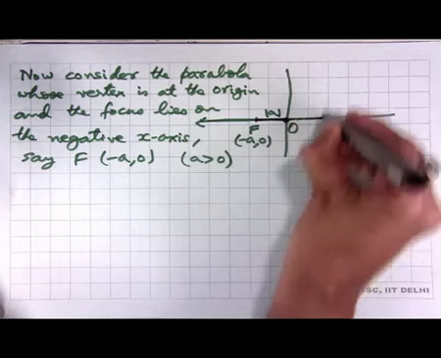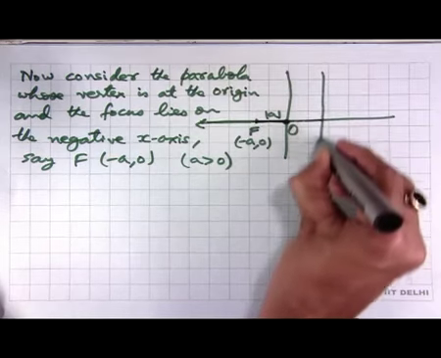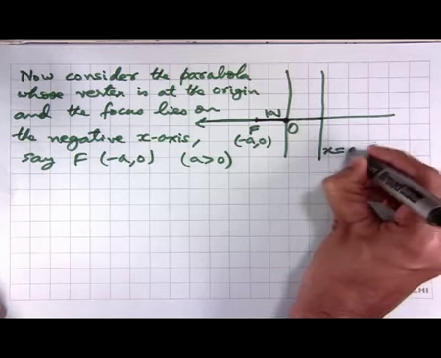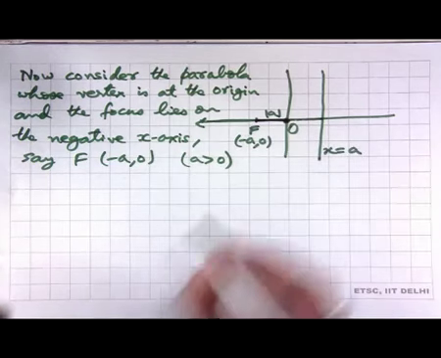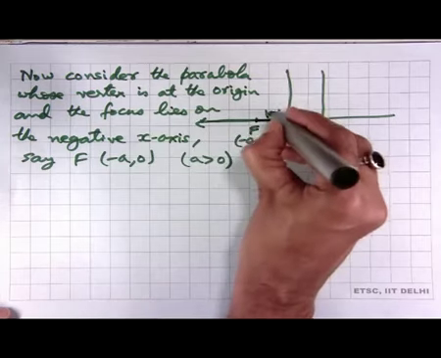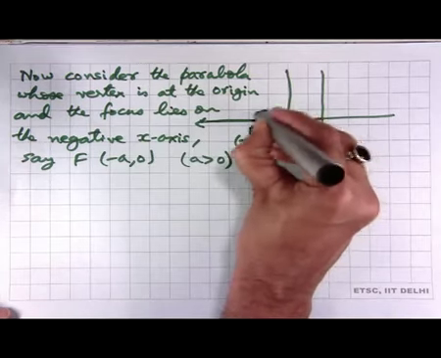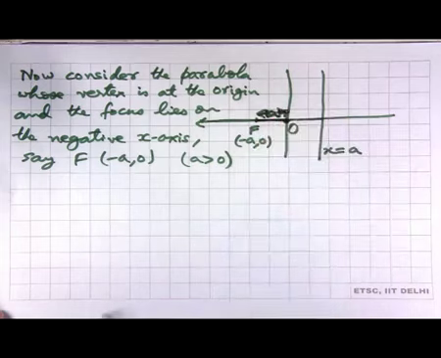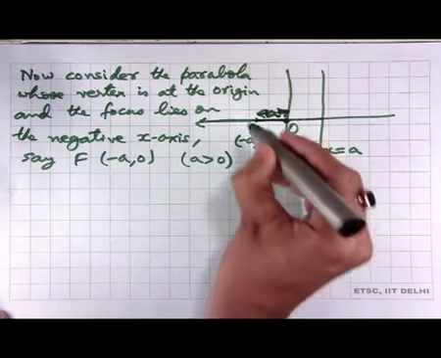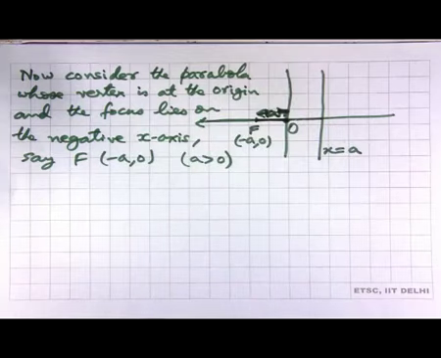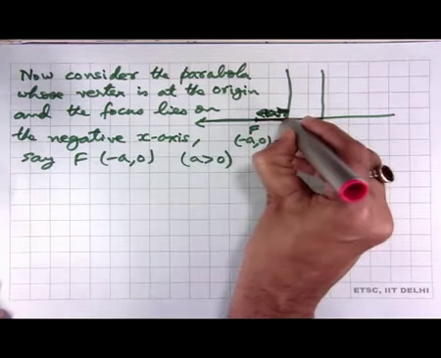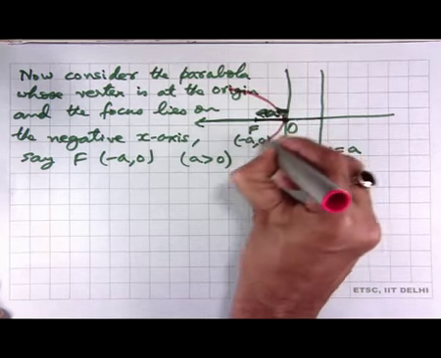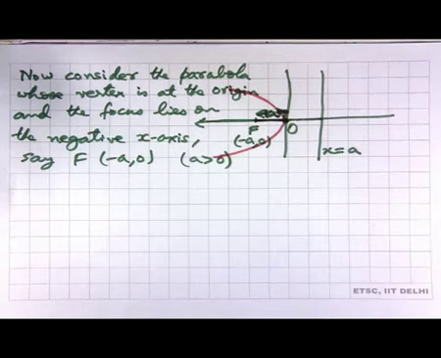So, the directrix will be line x equal to constant, and in this case this is the line x equal to a, and this distance is also a. So, in this case the parabola, let me draw in red, passes through this vertex O, and this will open to the left. So, we get a graph like this.